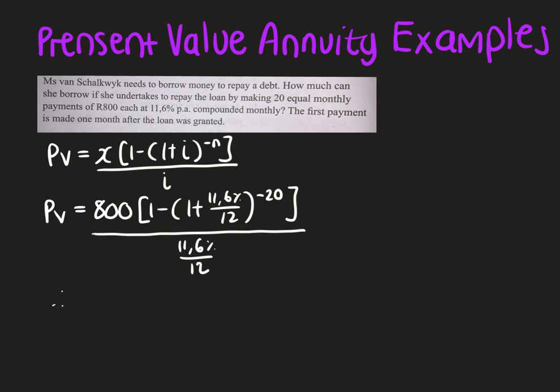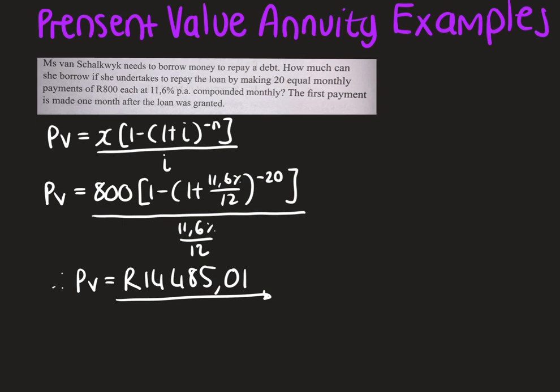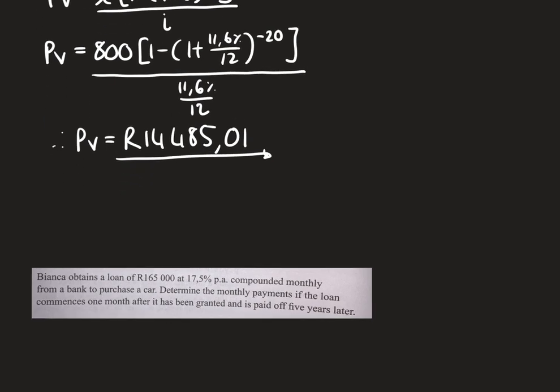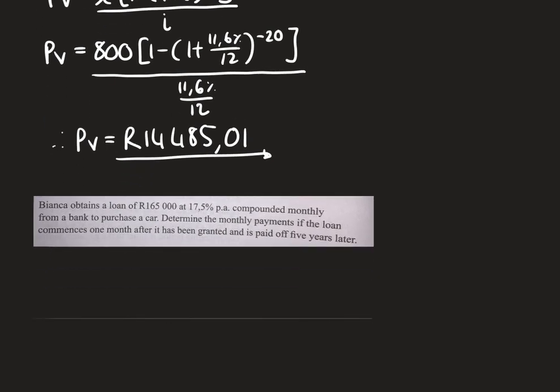So therefore, your PV, your present value, is going to equal, and we put that into our calculator, 14,485 Rand and 1 cent. That is how much she can borrow if she pays 800 Rand every single month for 20 months. Fantastic. Let's move on to the next question.